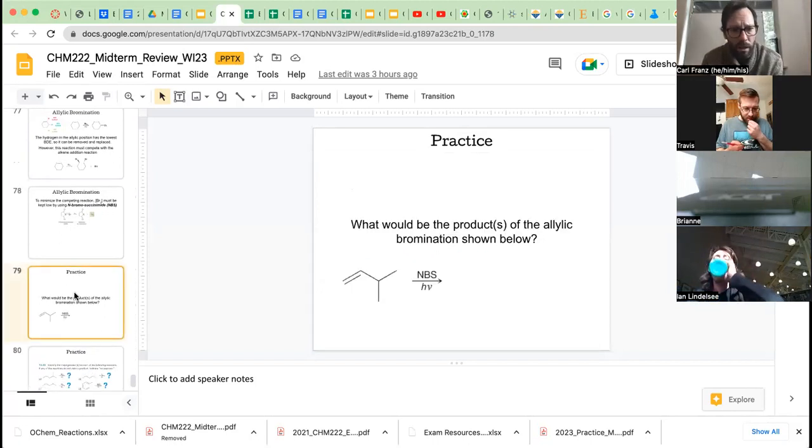Yeah, right here. It's just flipped. So we've literally already done this one in class before. This molecule got flipped around. So what does that look like?